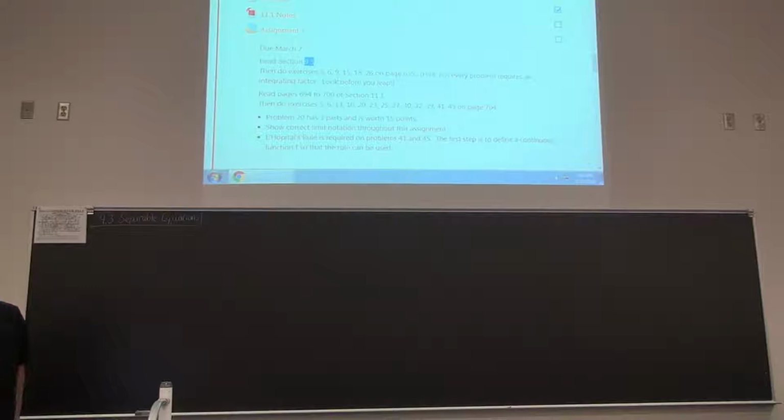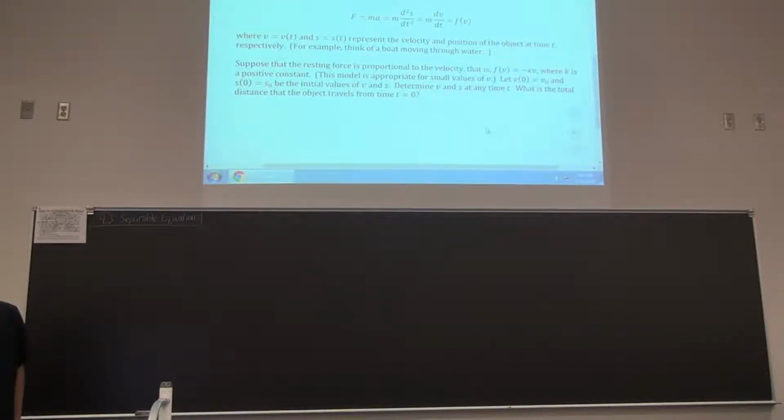Okay, so let's think back to what the situation was. We're thinking about an object moving through some kind of medium, whether it's, say, a lake or something else more exotic. For example, they say, think of a boat moving through water. They tell us that force is equal to mass times acceleration and is all equal to some function of velocity.